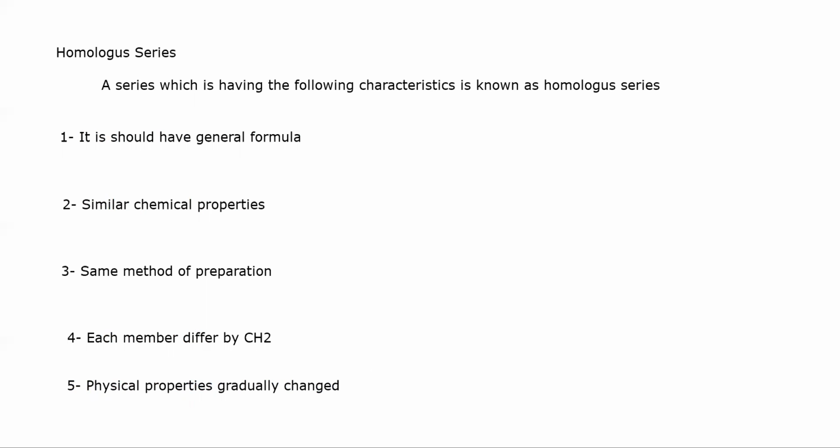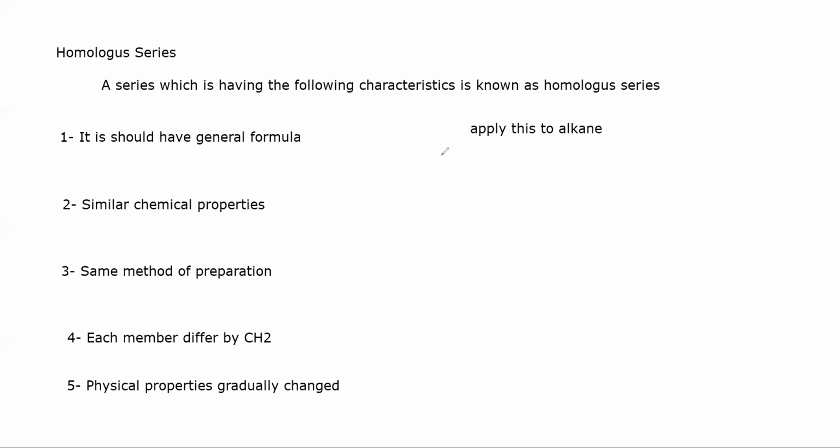Like if we want to check whether alkane is a homologous series or not, we'll check all the points. For example, you will try to apply this to alkane. Now, what is the first thing?